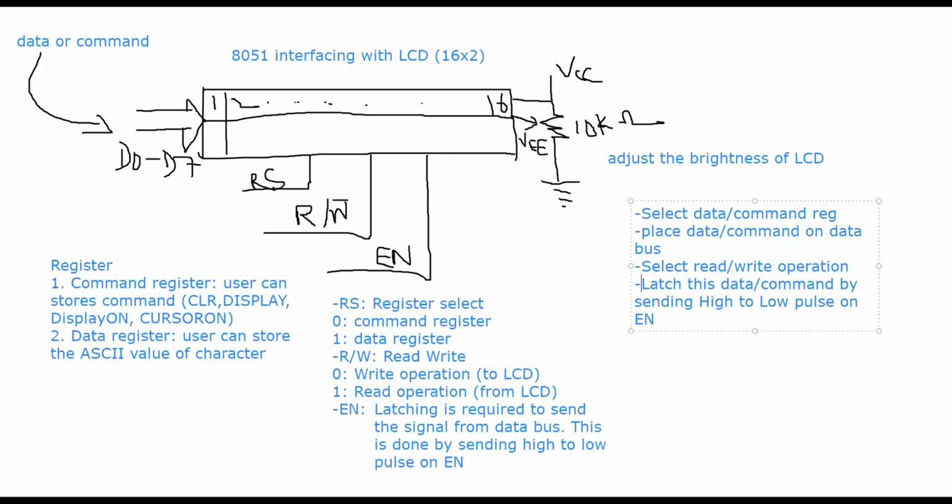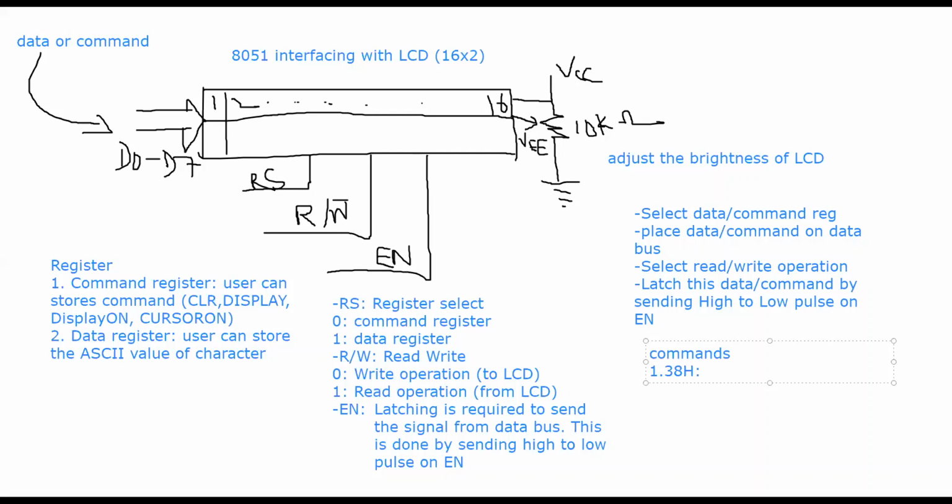Is it clear? Yes, sir. Let's see some of the commands. Number 1, 38H. If you write 38H, that means we are selecting an LCD of 2 rows.